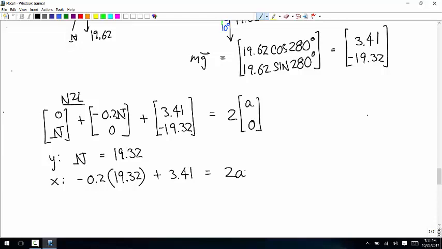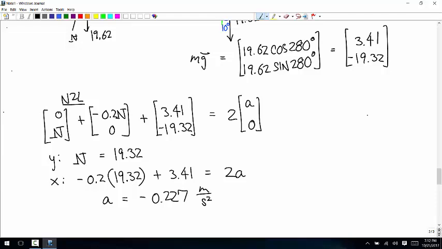Can someone calculate a? That gives negative 0.227.